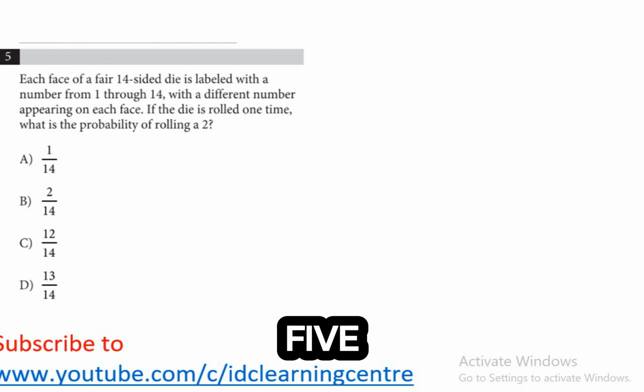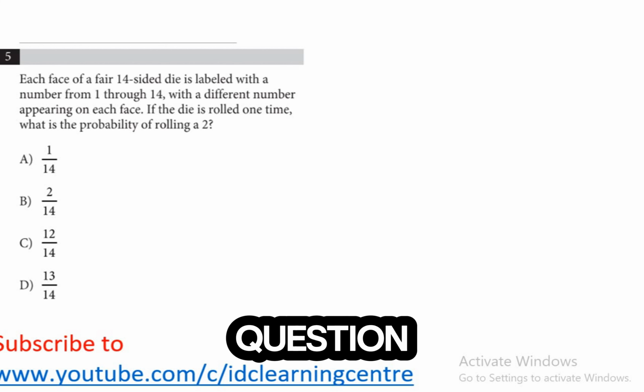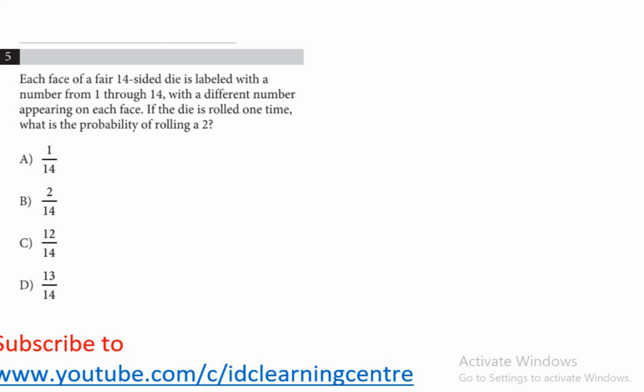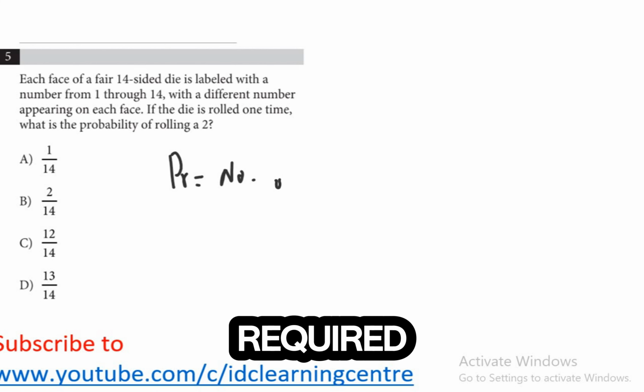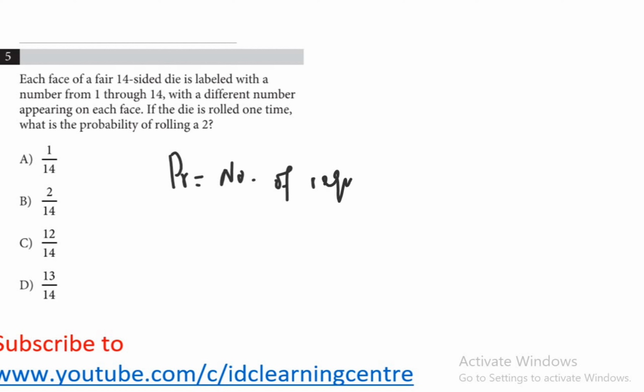Question 5. Alright, here we have a question testing our knowledge on probability. We have a 14-sided die numbered from 1 to 14. So there's a formula we use to get probability. We say probability is the number of the required outcome over the total number of possible outcomes.